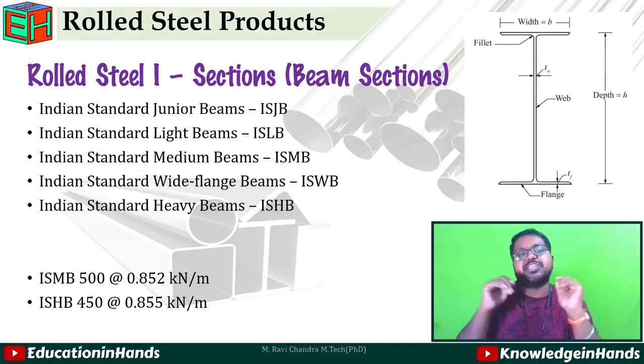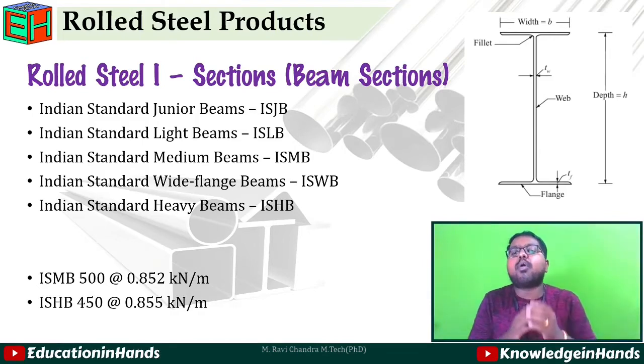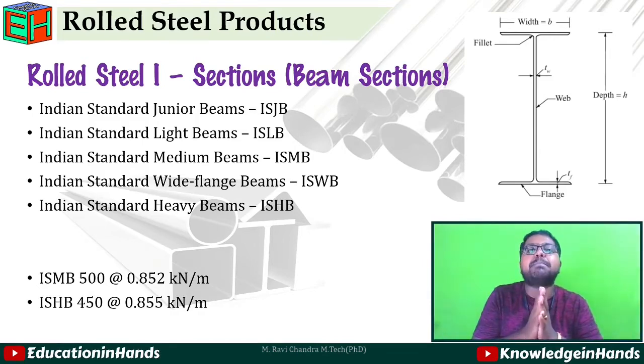So if any designation is given, it is shown like this: ISMB 500 at the rate 0.852 kilonewton per meter.